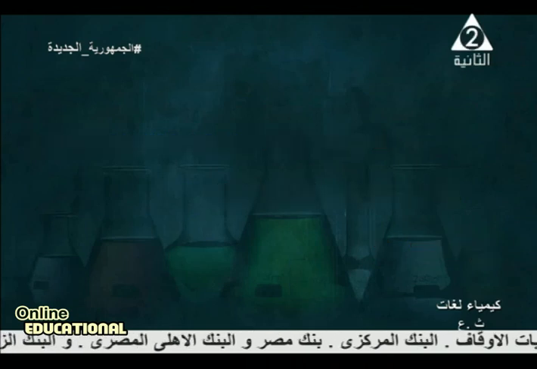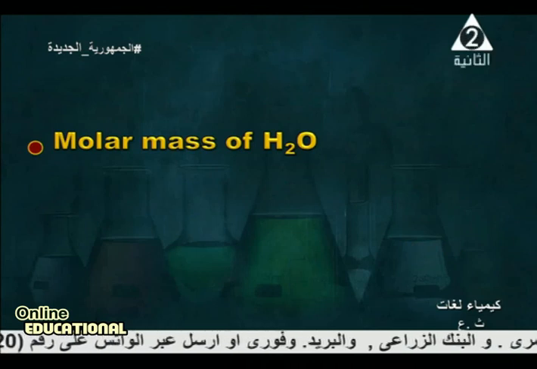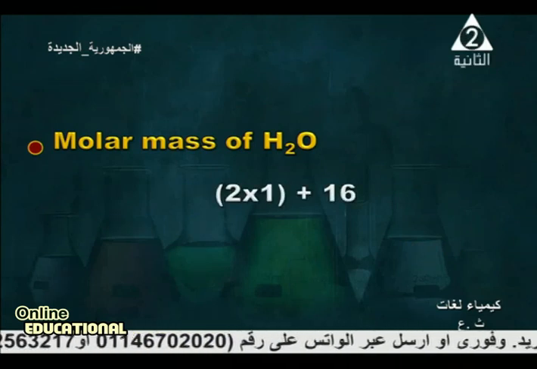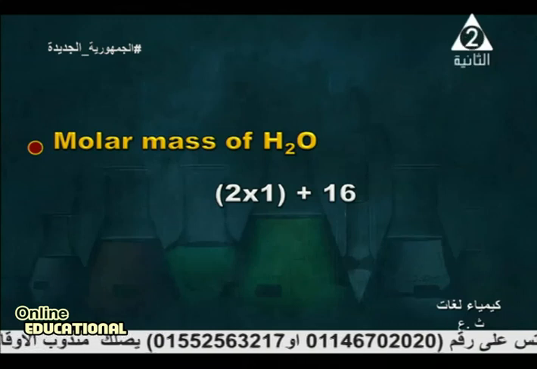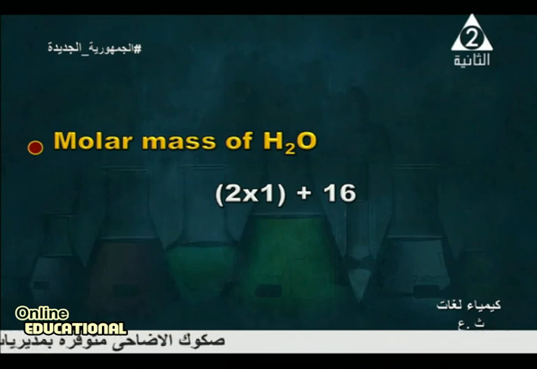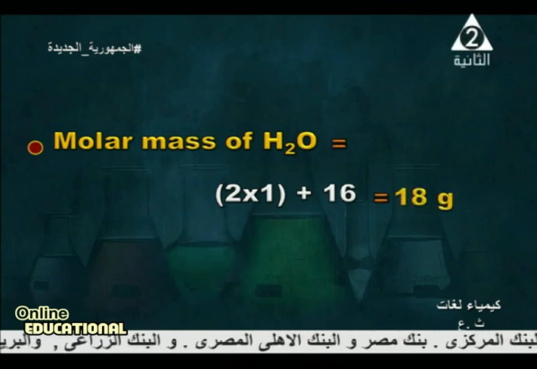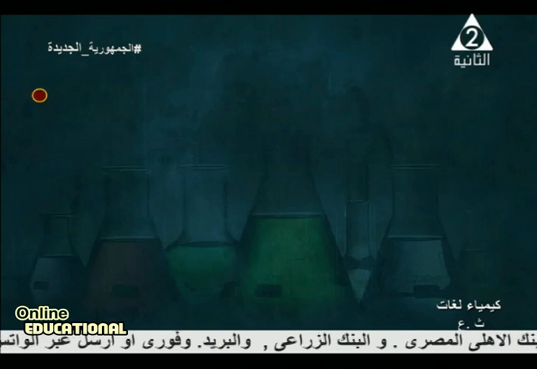After that, what do you need? I need the molar mass of water. It's easy: 2 by 1 plus 16. You understand what I do? I calculate the molar mass of the solid and the molar mass of the water. After that, I have here 18 grams.